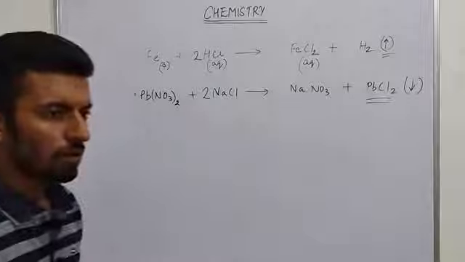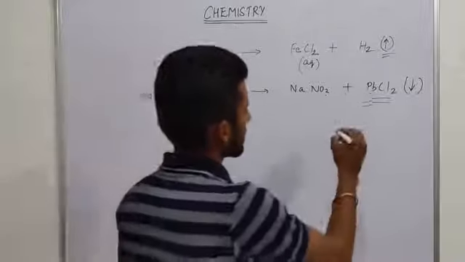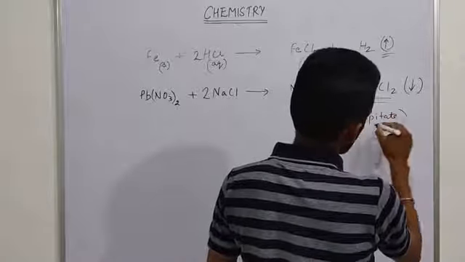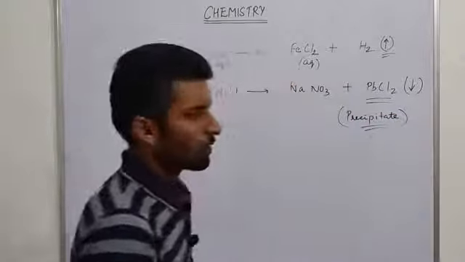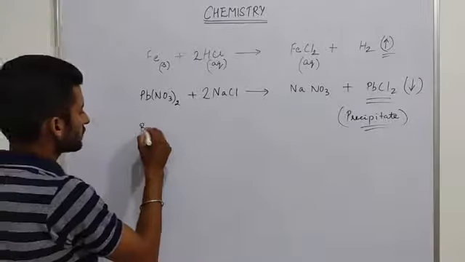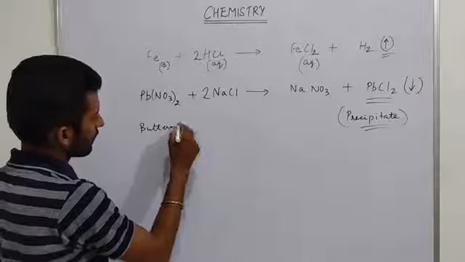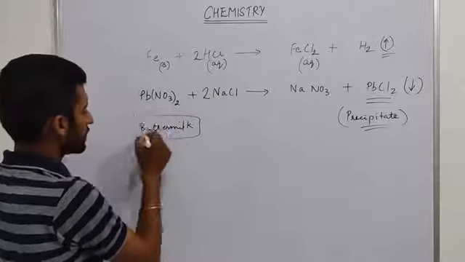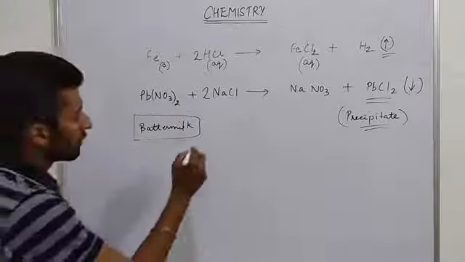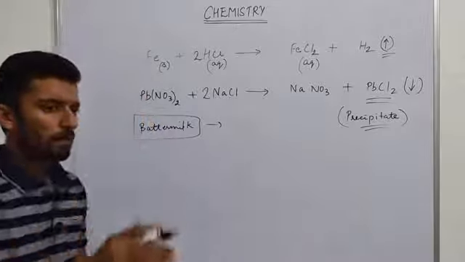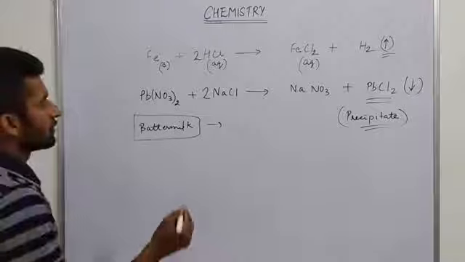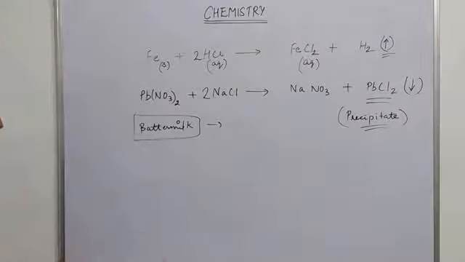What is precipitate again? Precipitate is a substance which settles down, and the rest part is the solution only. Like you might have seen sometimes buttermilk. When it is left as such for 1 hour, 2 hours, water is at the top and the lower part, a mixture of many substances, settles down.